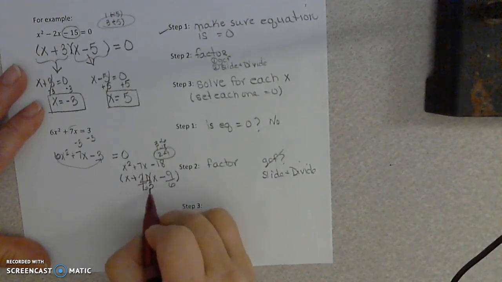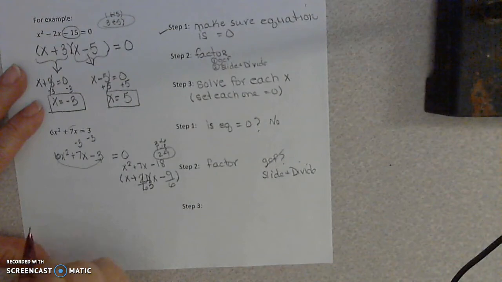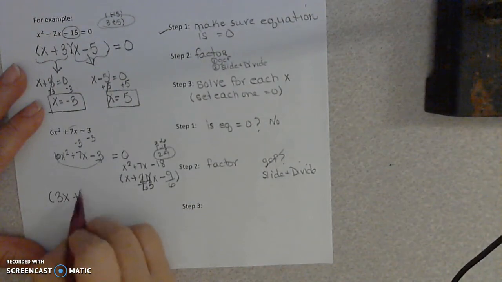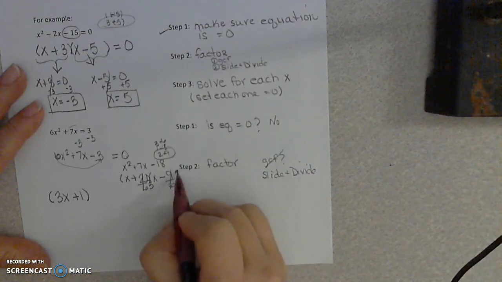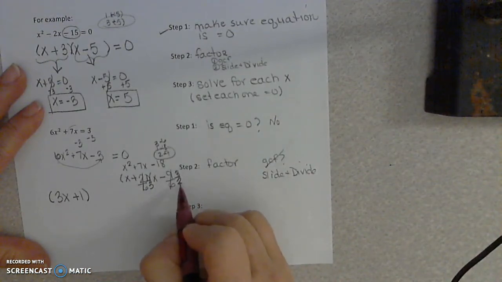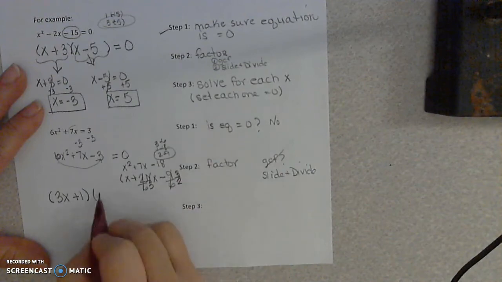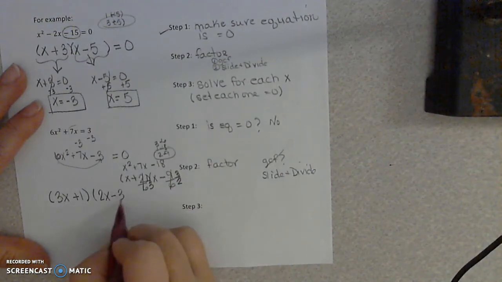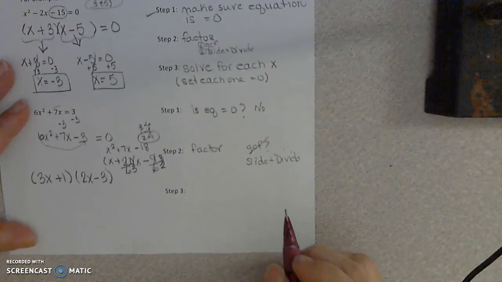It reduces to 1/3. So my factors are 3x plus 1. That reduces to 3 over 2, 2x minus 3. Oh, glory. Looks a little bit different, doesn't it?